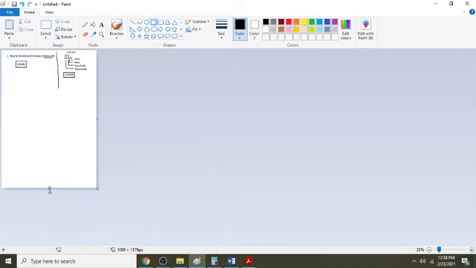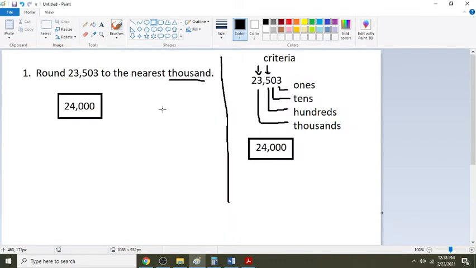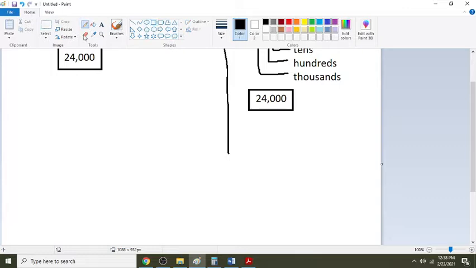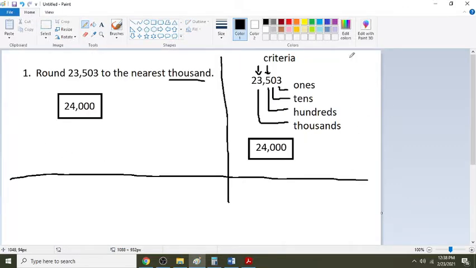So this kind of exercise requires you to have a background on place values, because if you don't know your place values, you end up getting the incorrect answer.